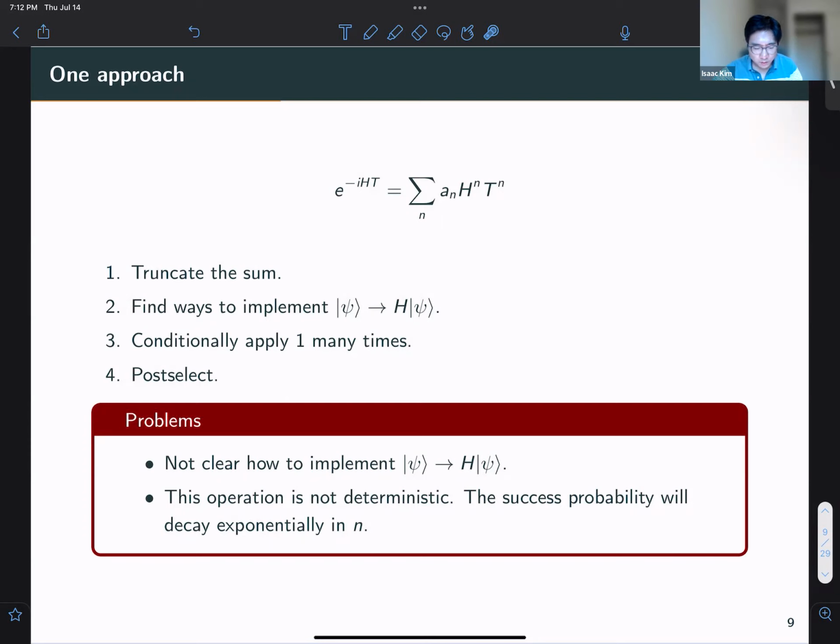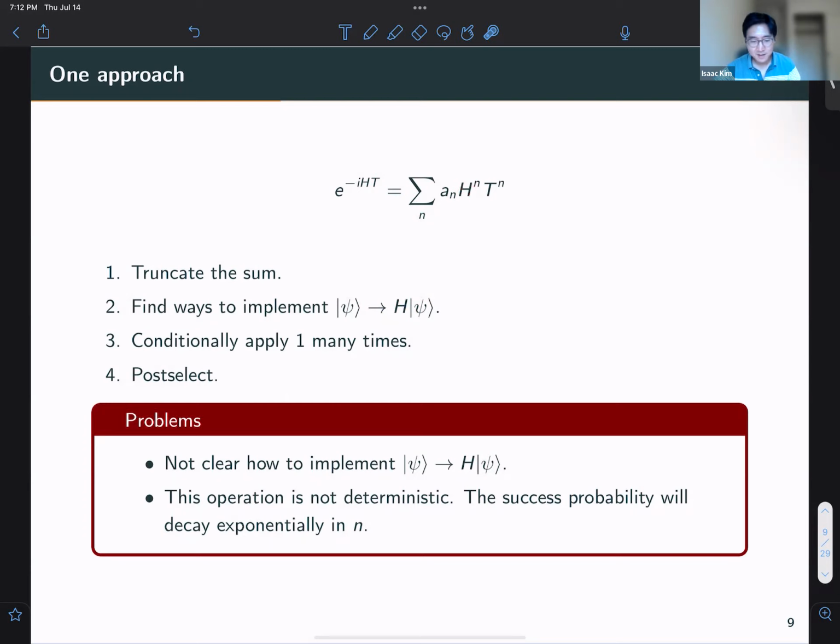Suppose you have this time evolution operator, e to minus iHt. One thing that you might try is to perform a Taylor expansion and then truncate the sum to some finite order, and somehow find ways to implement this non-unitary transformation.